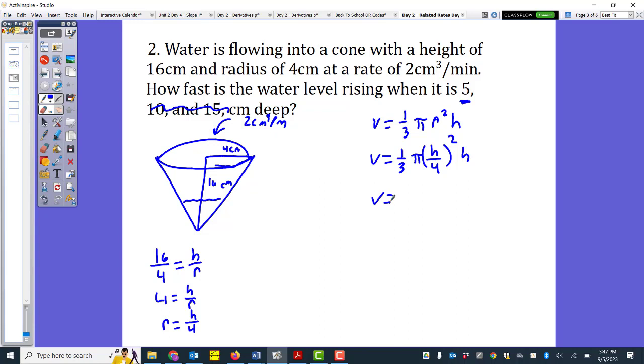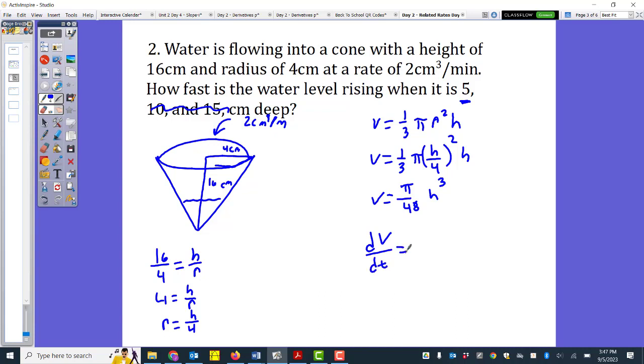Oh man, make me do some math. 8, 1, 3, 4, 48. Whew, that was tough. So pi over 48 h cubed is what we're looking at here. So volume equals pi over 48 h cubed. And now we have an equation that's much easier to take the derivative of.